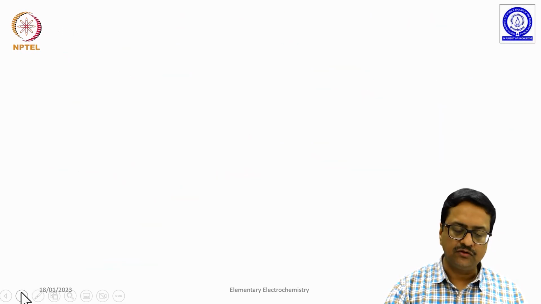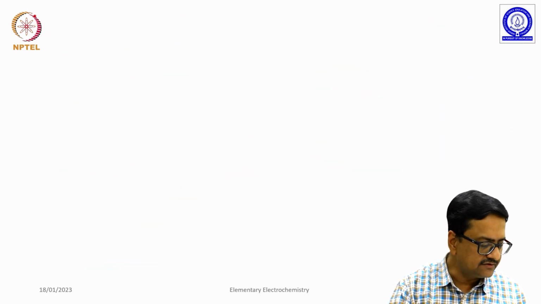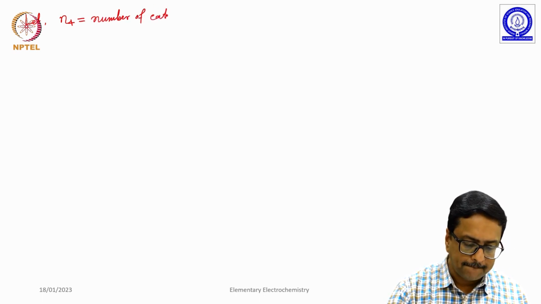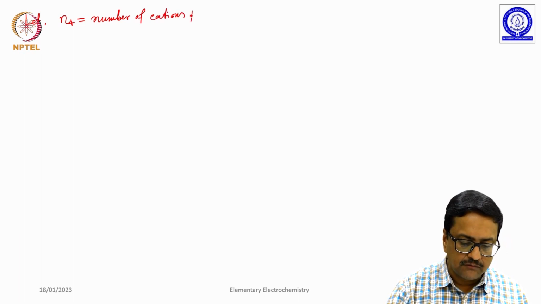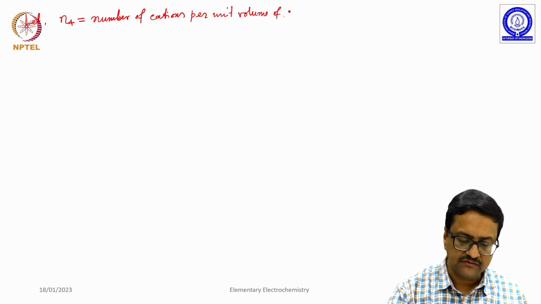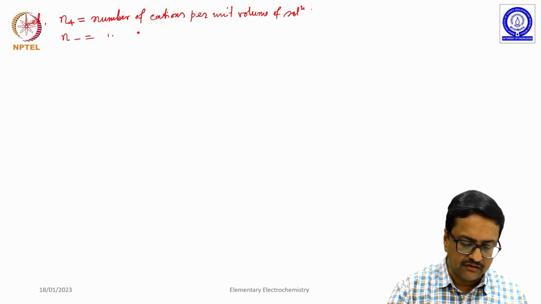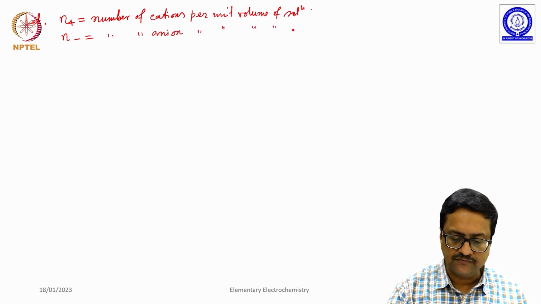To do that, we need to consider a few quantities. Let n plus be the number of cations per unit volume of solution, n minus be the number of anions per unit volume of the solution.